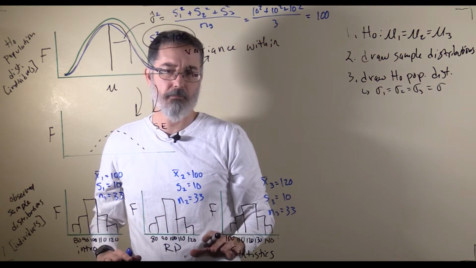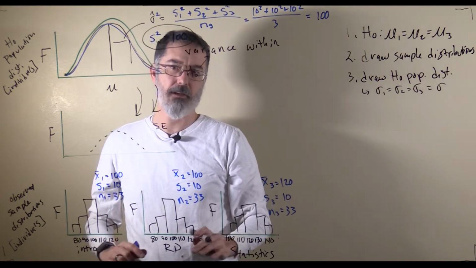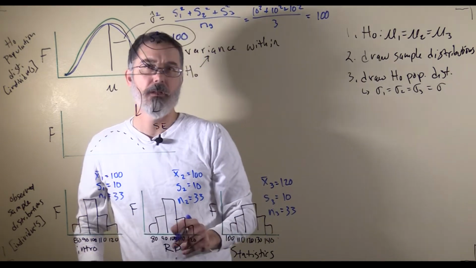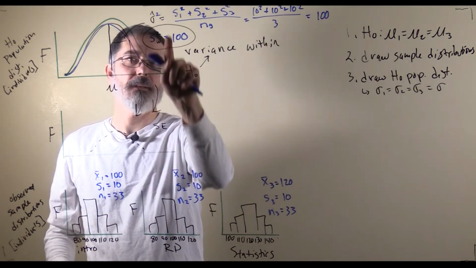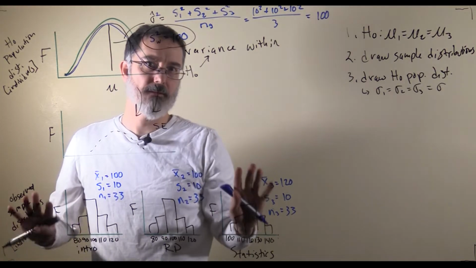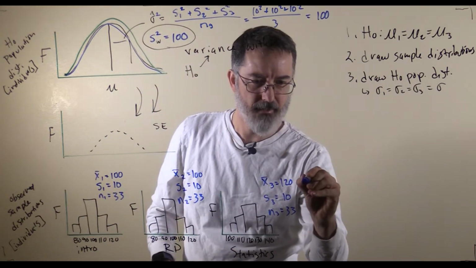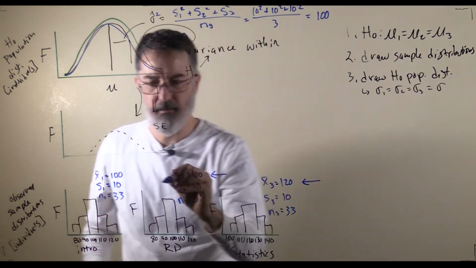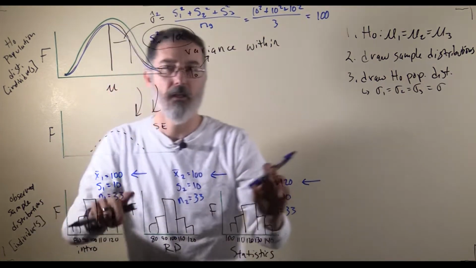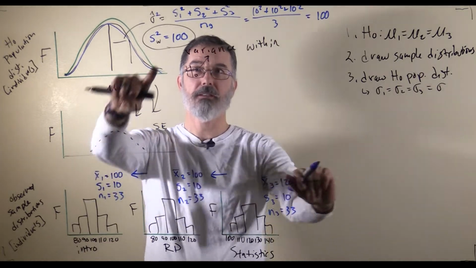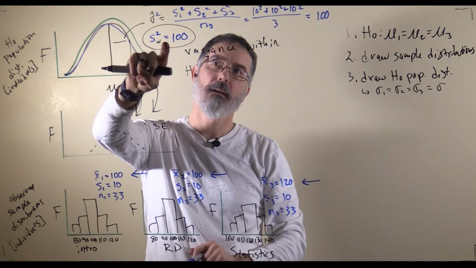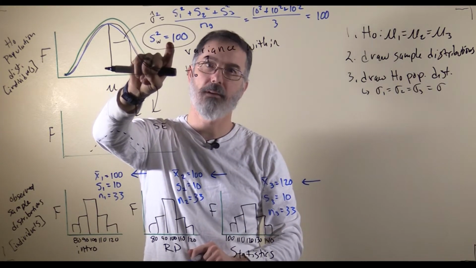For an ANOVA, it's going to be kind of like that, but what we're going to end up doing is we're going to keep this population variance here. And again, that's how much variance you expect if the null hypothesis is true. And what we're going to do is we're going to see how much these three means vary and see if they vary more than expected based on the within groups variance.